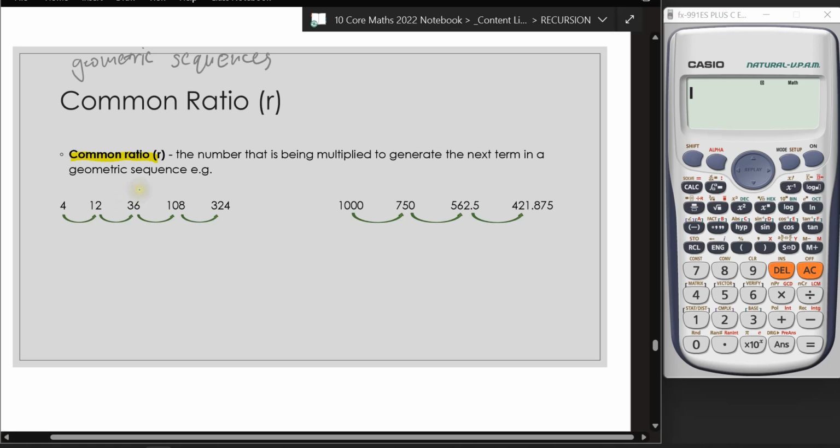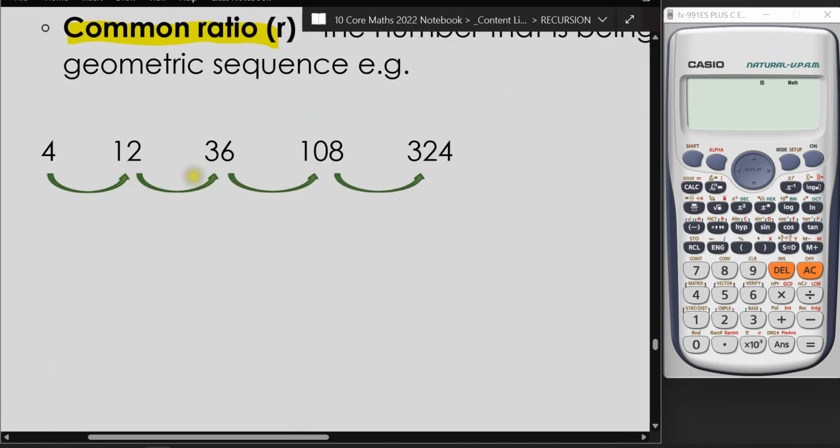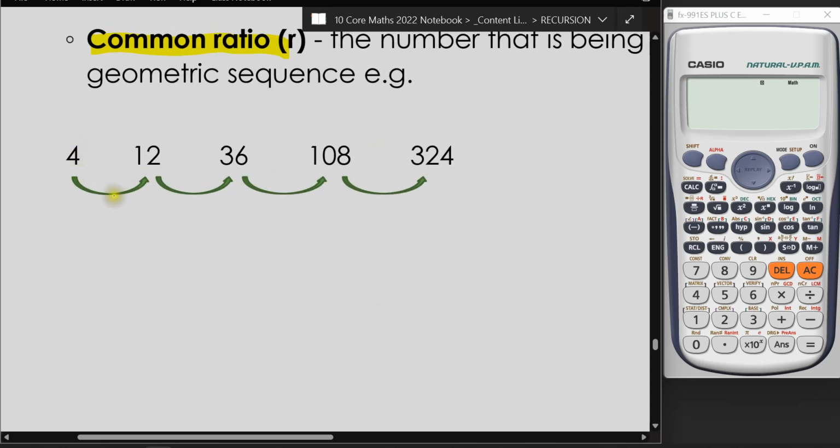If we look at these examples, this first one here, we're going 4, 12, 36, 108, 324. From 4 to 12, it looks like it's times 3. 12 to 36 is also times 3. 36 to 108, well, let's test that. 36 times 3 should equal 108.